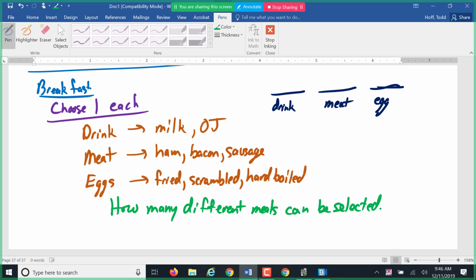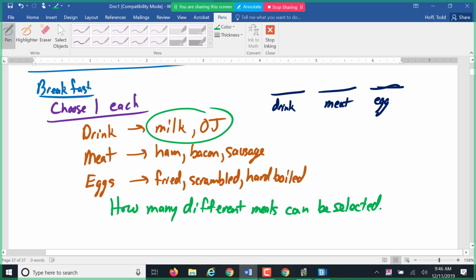So the option of not taking a meat or not taking an egg or not taking a drink is not an option. You will take one from each. Well, for drink, you have 2 choices, milk or orange juice. For meat, ham, bacon, or sausage, there are 3 choices for meat. For eggs, fried, scrambled, or hard-boiled, there are 3 choices for eggs.